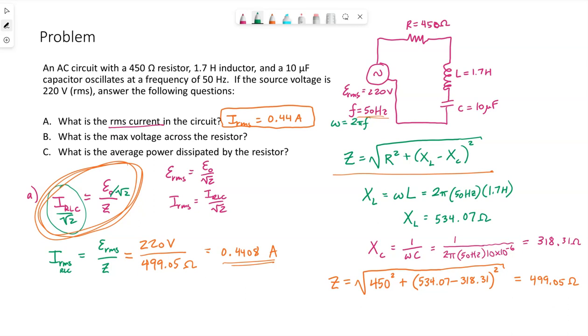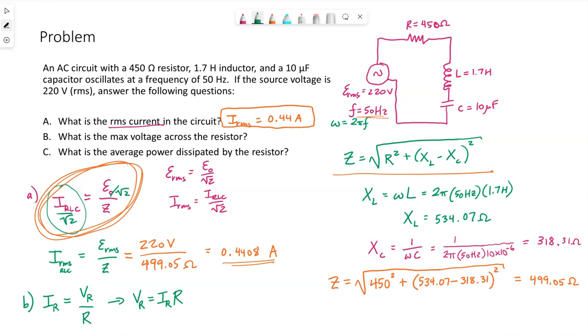Part B here, we want the maximum voltage across the resistor. If we go back to the line in the test notes that has just the resistor, we know that I through the resistor is equal to the voltage V sub R, the maximum voltage across the resistor, divided by the resistance. So the peak voltage across the resistor will be the peak current that flows through it times its resistance.